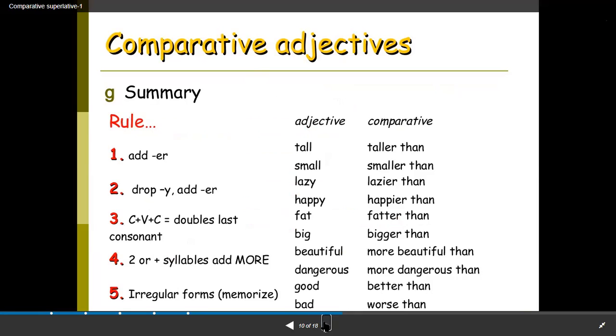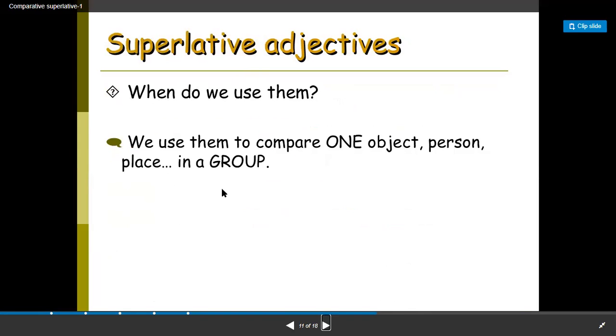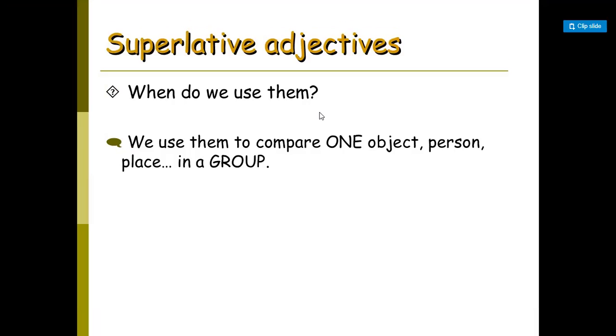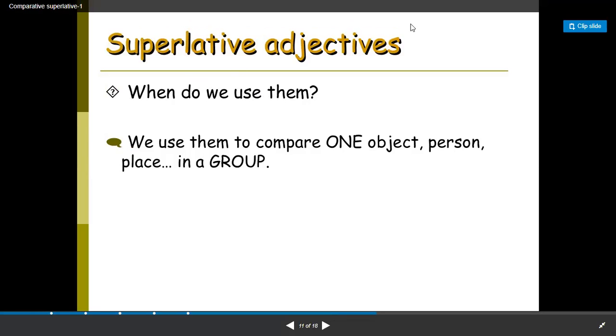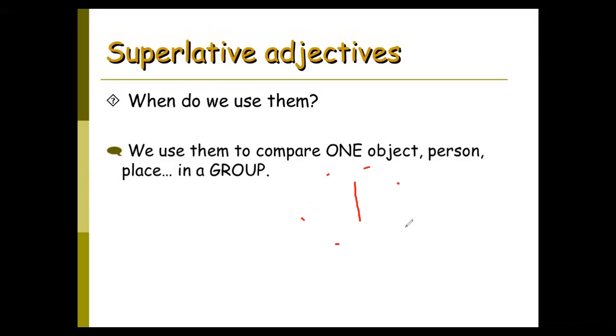Now, we have superlative. طيب, what does it mean, superlative? Superlative from its name. Super يعني a person is better than all the others. That's why I call him super. So superlative يعني I compare one person to a group of people. Or I compare one place to a group of places.